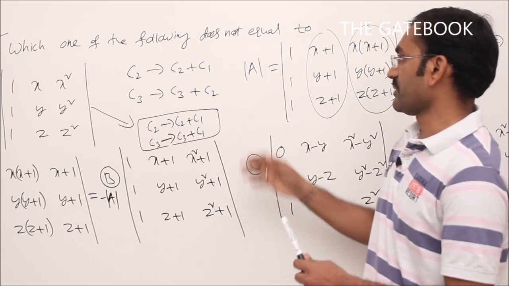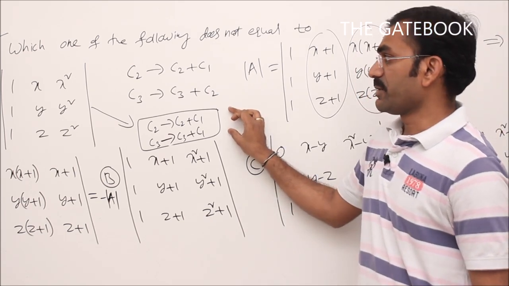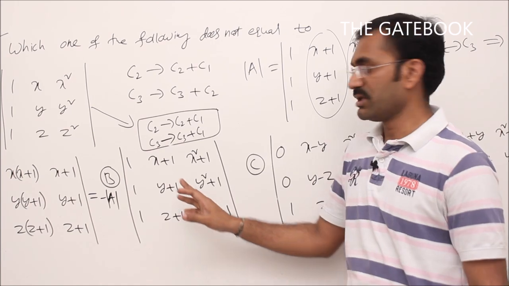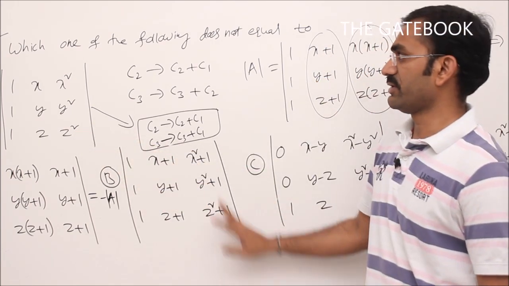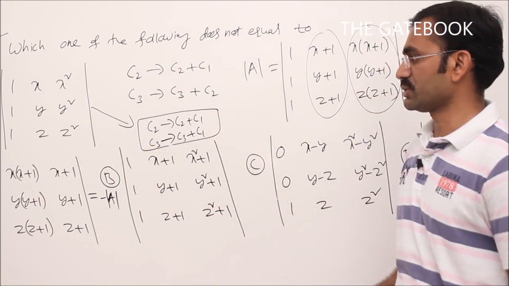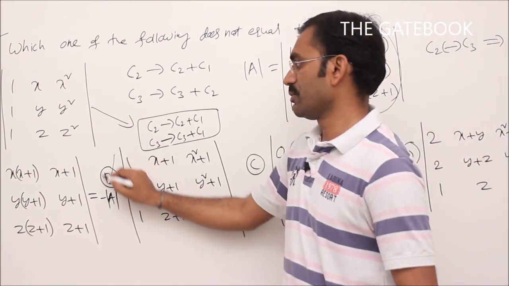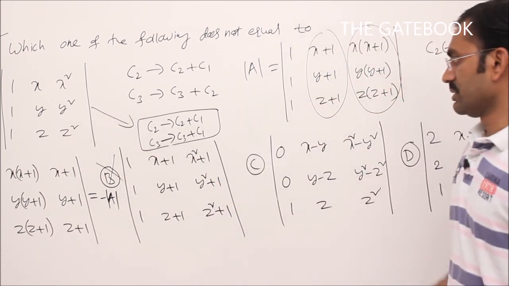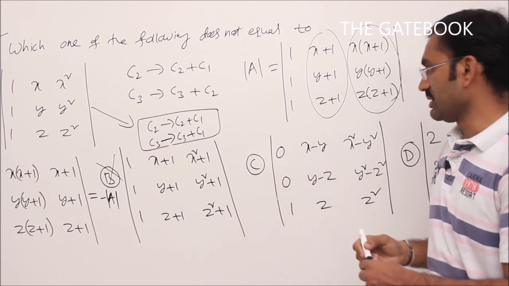If you go for these type of operations, the determinant of that matrix never changes. Therefore both are equivalent, but we have to find which one does not equal to. So this is not the correct option. Similarly, see option C.